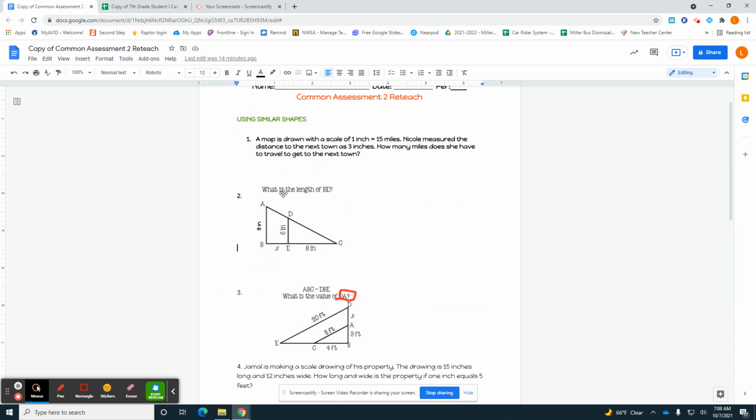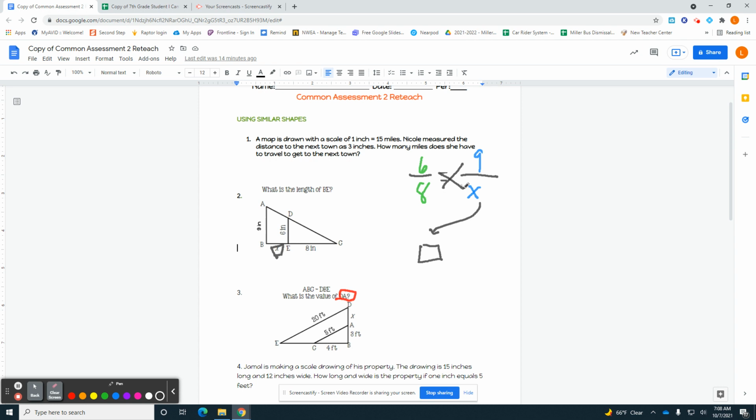So I can't put all the writing back up, but we had our proportion set up. Okay, and you were to cross multiply and divide. Okay, this x is not going to be this x value. To find this x value, you have to take whatever you get for this x value.